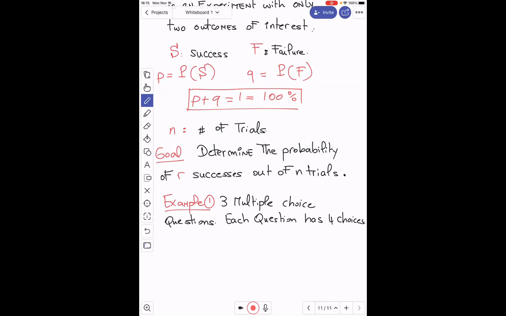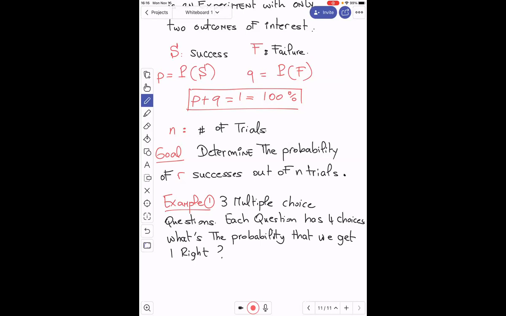You randomly select your answers. What's the probability that you get exactly one right answer?